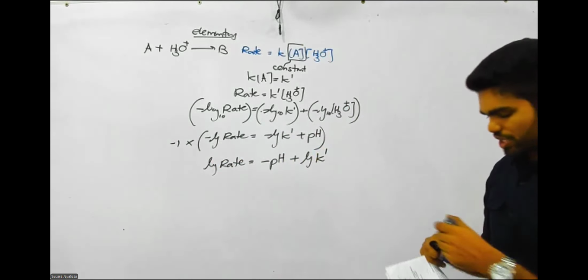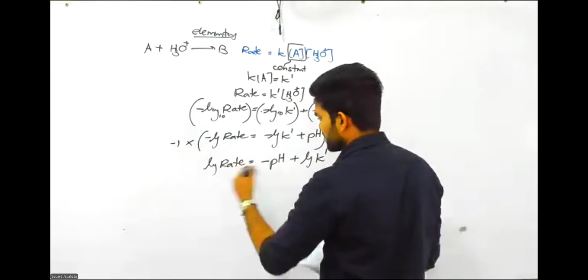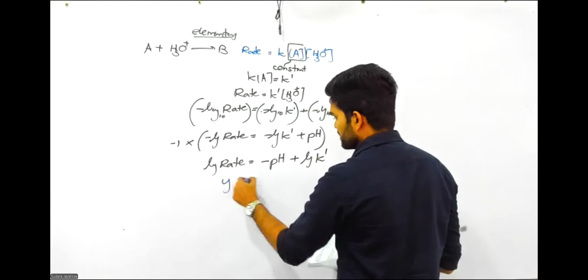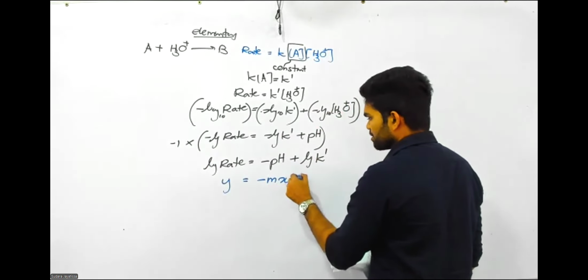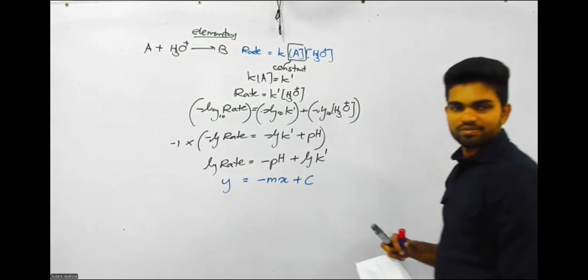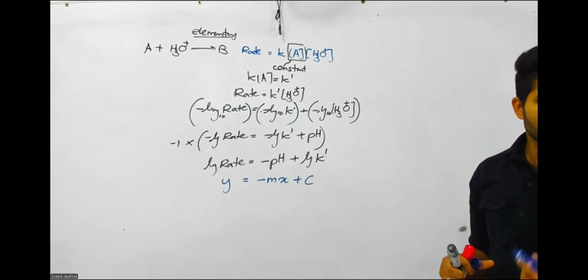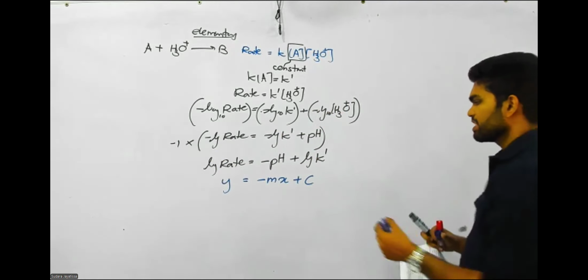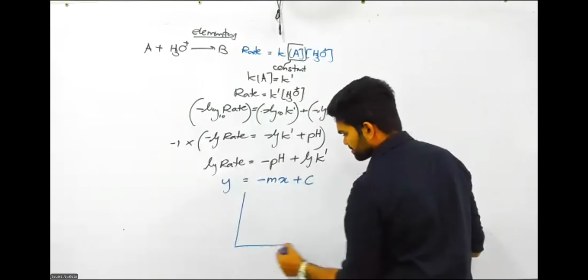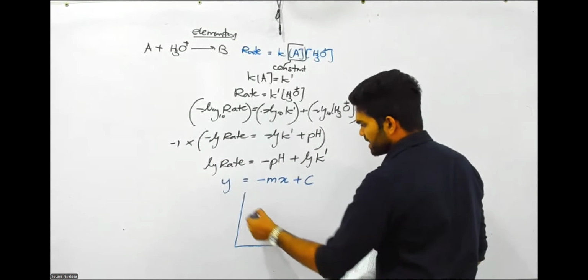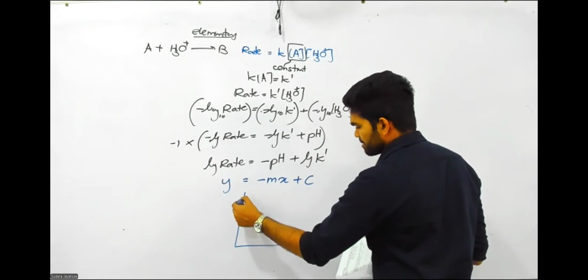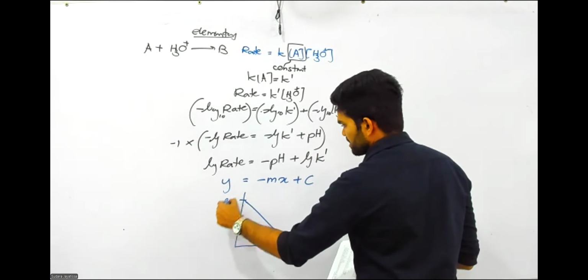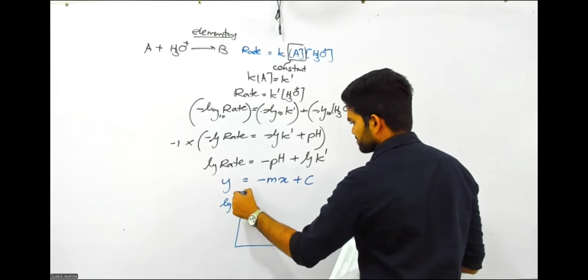So then this will look like what type of graph? Y equals minus mx plus c. The gradient is negative. So the shape of the graph should be a negative gradient with positive intercept. This is log k dash.